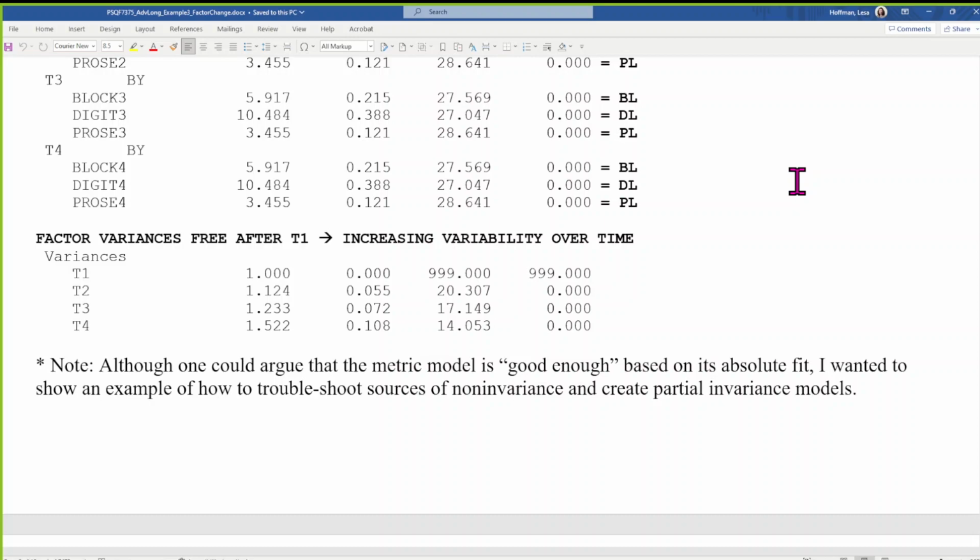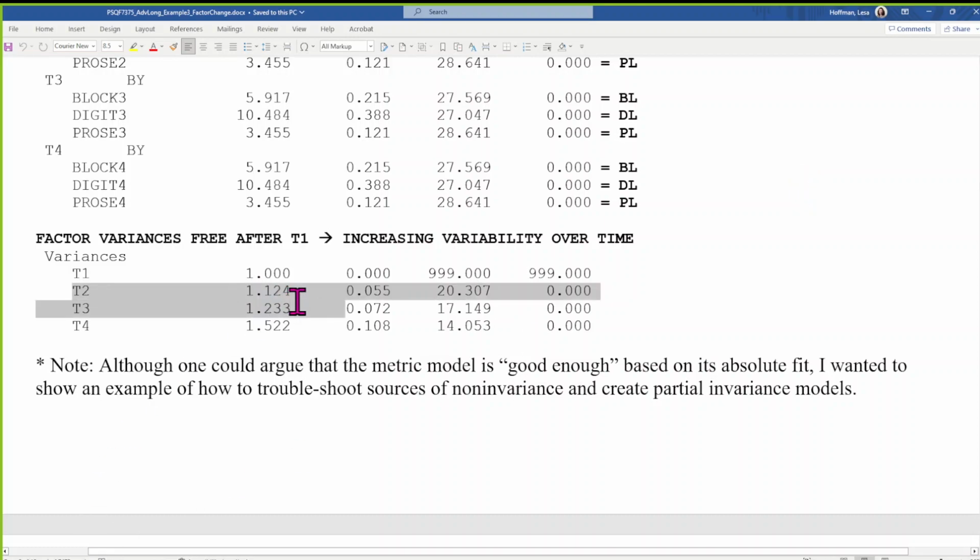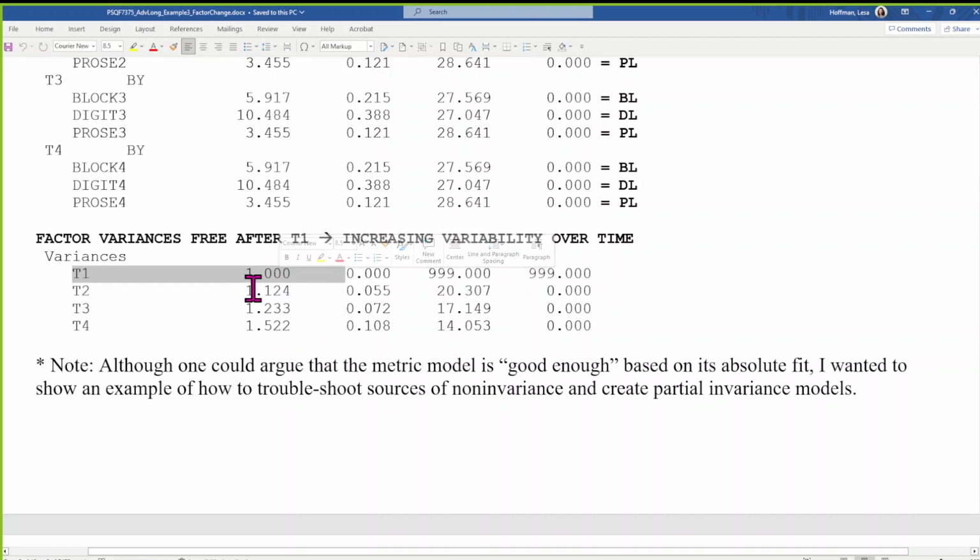For example, that one, the T2 variance, is that the variance compared to T1, and for T3, that's the variance compared to T1 again? Yes. Yeah, everything is relative to 1. So if you called this 10, then these would be like 11 something and 12 something. It would all just adjust. Everything is in relative terms for this.